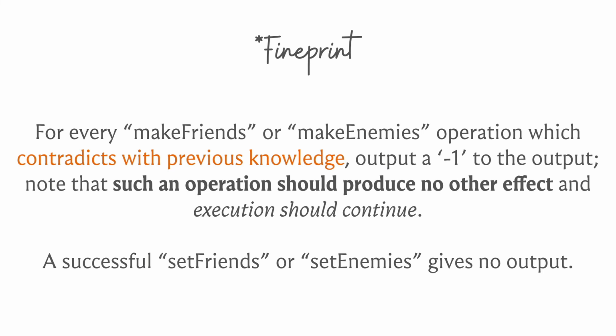But on the other hand, if you receive a query that contradicts your previous knowledge, then you output -1 to make a note of the fact that you encountered a contradiction, but you move on as if nothing has happened. So you simply ignore this query in the context of the picture that you are building. Okay, so that's how the problem works in terms of the input and the expected output.